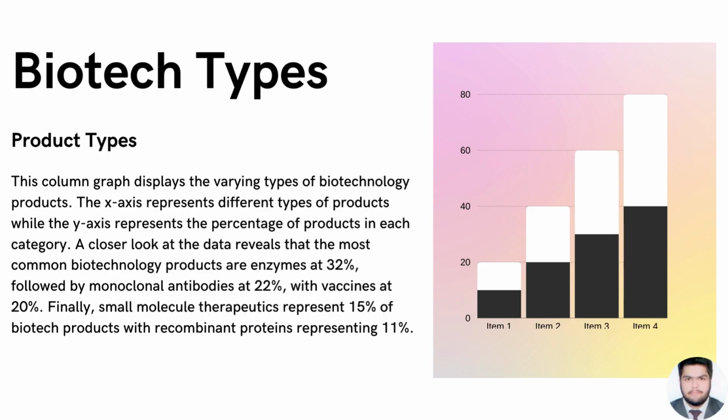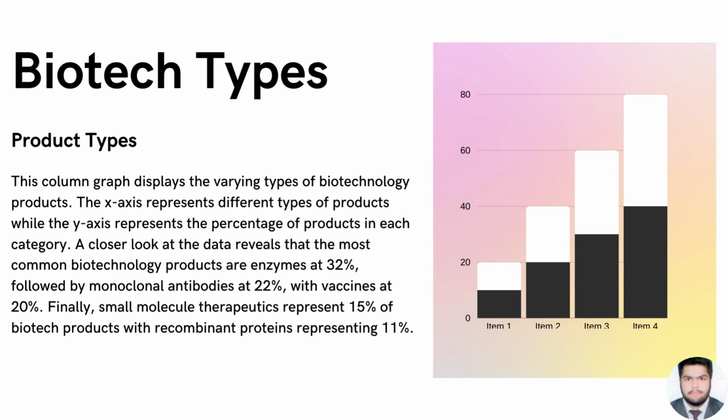Biotech types, product types. This column graph displays the varying types of biotechnology products. The x-axis represents different types of products while the y-axis represents the percentage of products in each category.